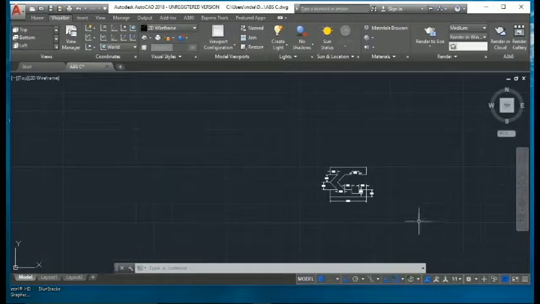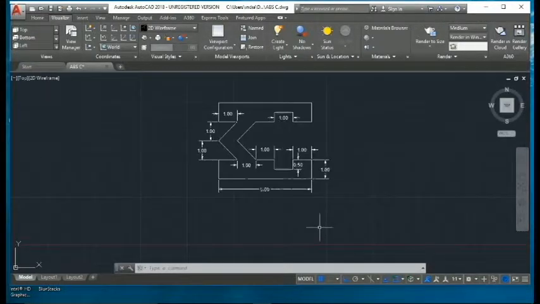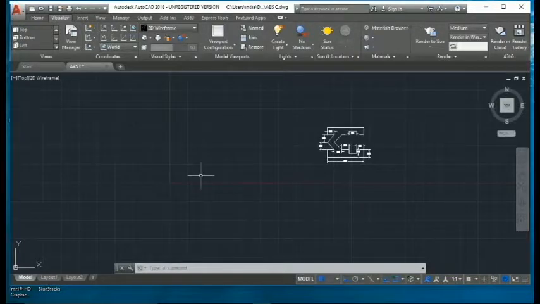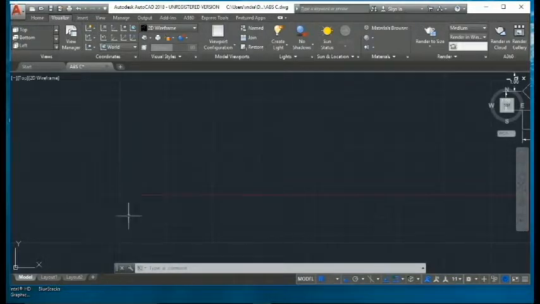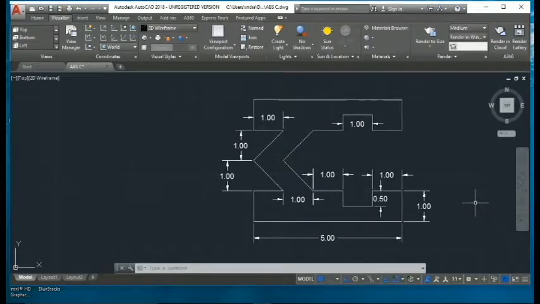So let's start drawing this figure with the help of the absolute coordinate system. We draw everything with respect to the origin, and all the calculations are done with respect to the origin. So first of all, we have to decide which will be our first point of drawing.